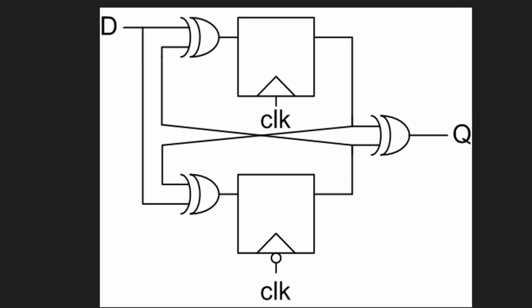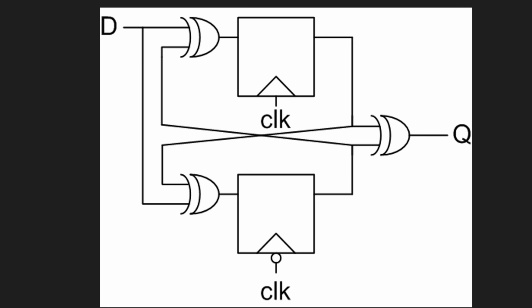You can observe that we are distributing the input signal D to each of the flip-flops, and before assigning that value to the flip-flop, we are XORing the output of one flip-flop with the other's input.